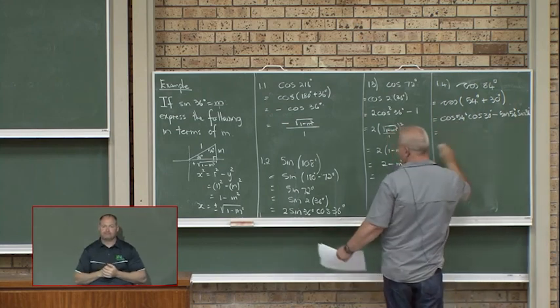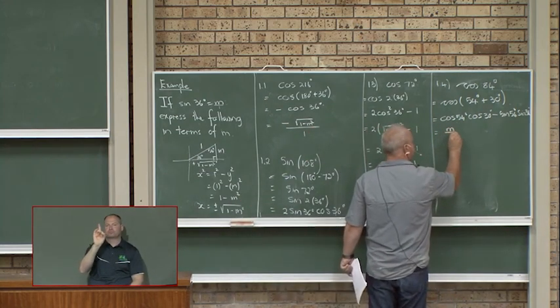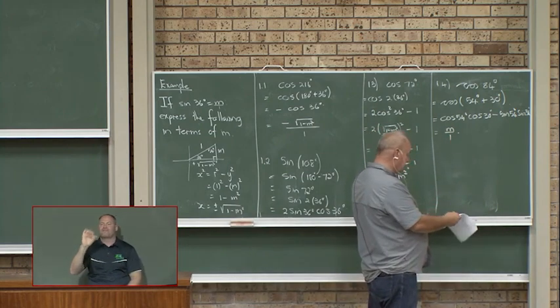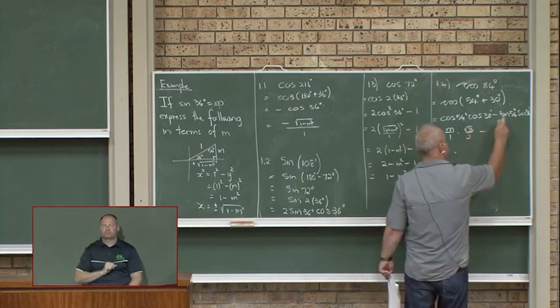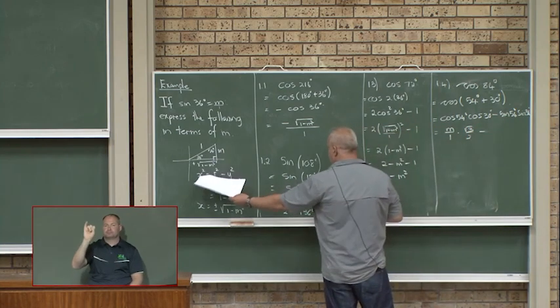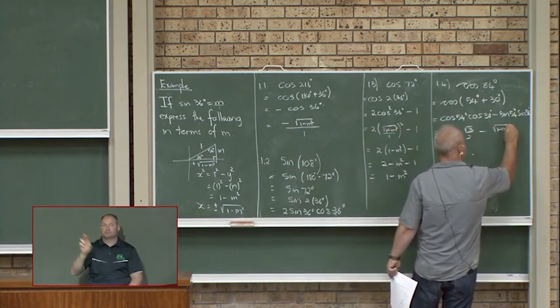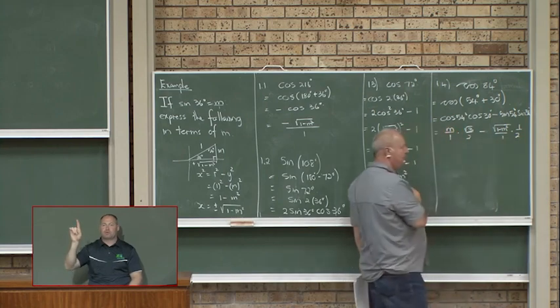Right, now the cos of 54 degrees is m over 1, adjacent over hypotenuse. The cos of 30 degrees, in this case, is equal to root 3 over 2. The sine of 54 degrees is the square root of 1 minus m squared over 1, times the sine of 30 degrees, which is a half.